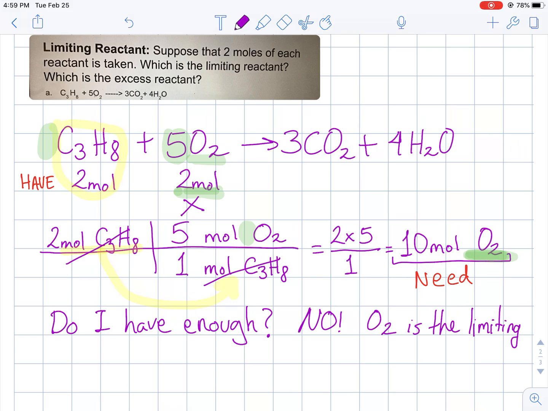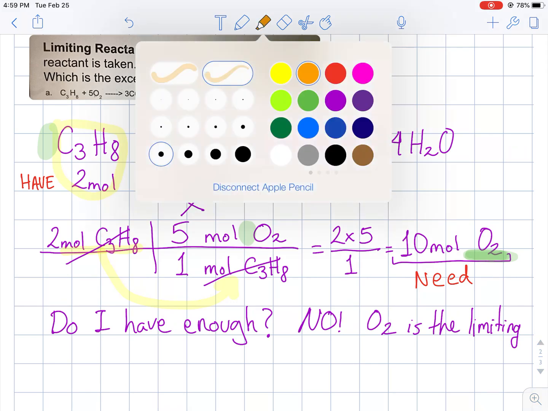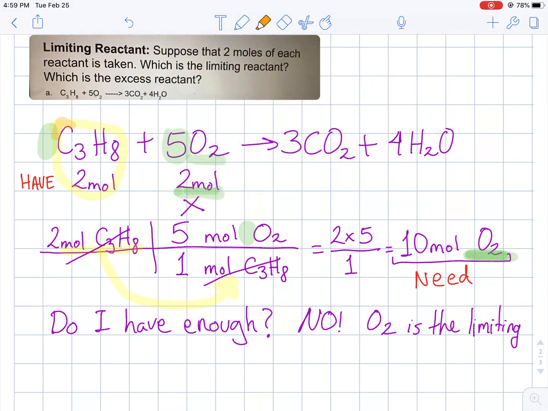So by the other one, I mean this other reactant right here. So in our case, C3H8 will be the excess reactant.